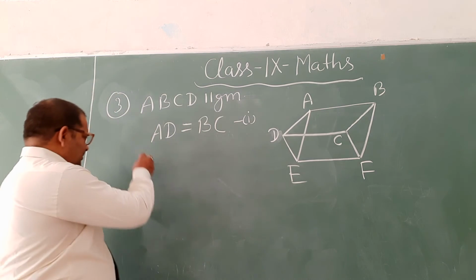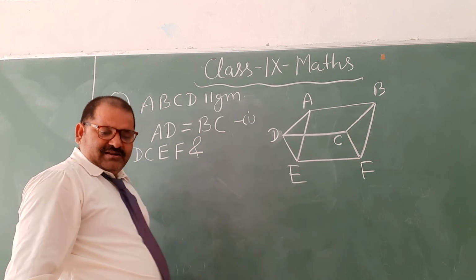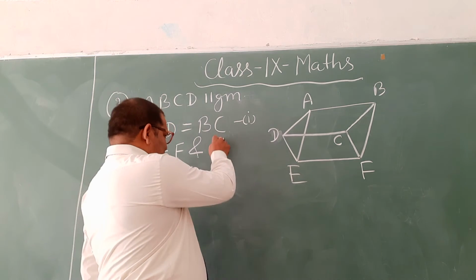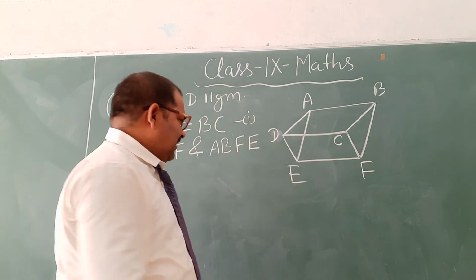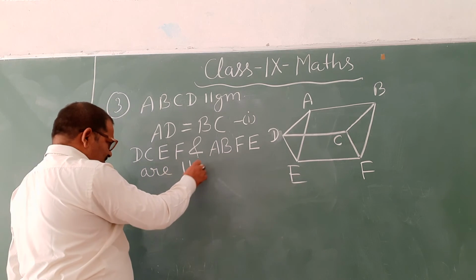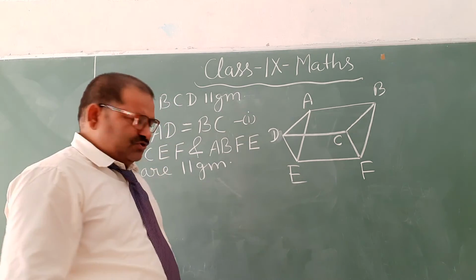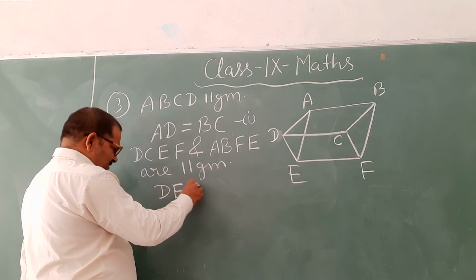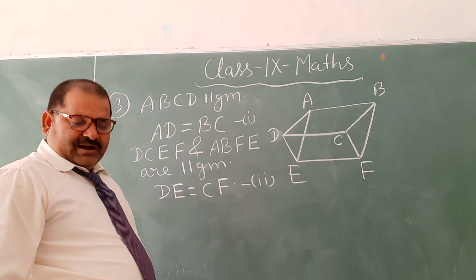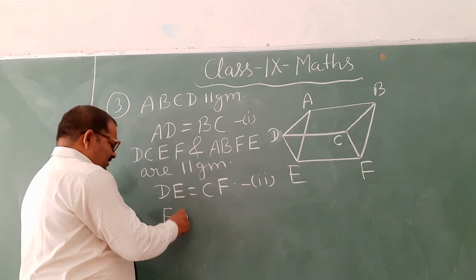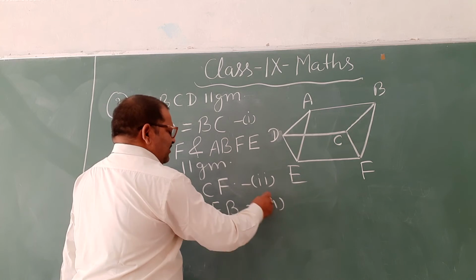DCFE and ABFE are parallelograms. DE equal to CF, condition number 2, and EA equal to FB, condition number 3.